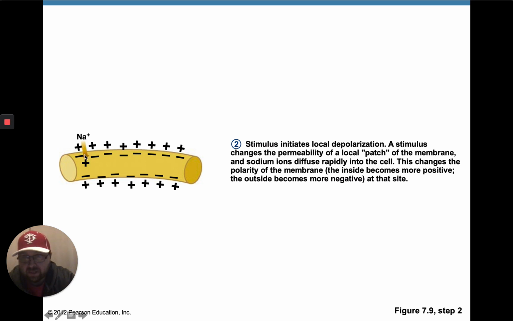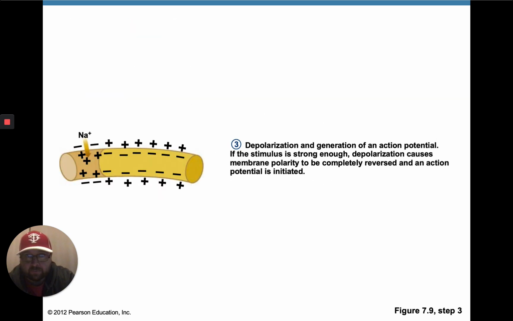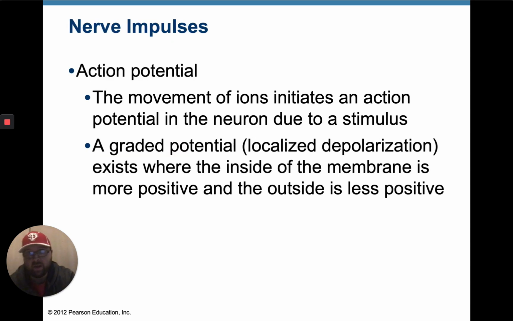So that's what we're seeing here. And when that happens, the sodium ions are going to rush in, and they're going to cause our polarity to flip. All right, so that's what we see here. It's starting to flip. So what does that mean for us? The movement of ions, again, the sodium ions rushing in, initiates our action potential, our electrical impulse.